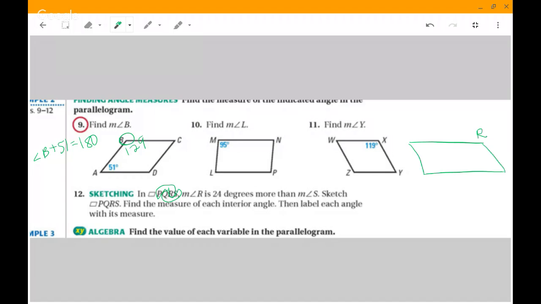I'm putting the R up there and P down here because those are the obtuse angles.